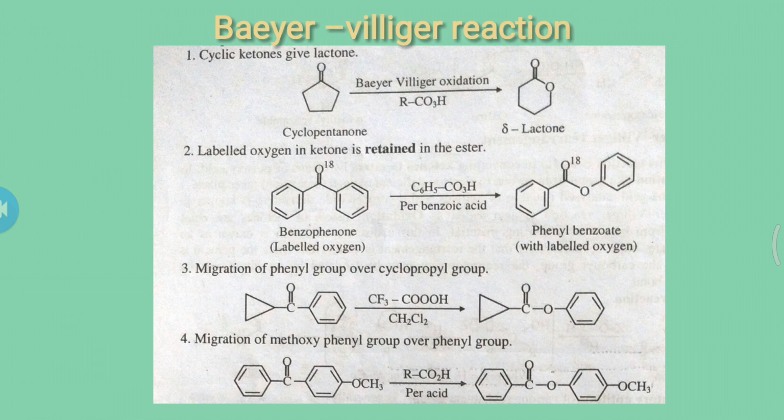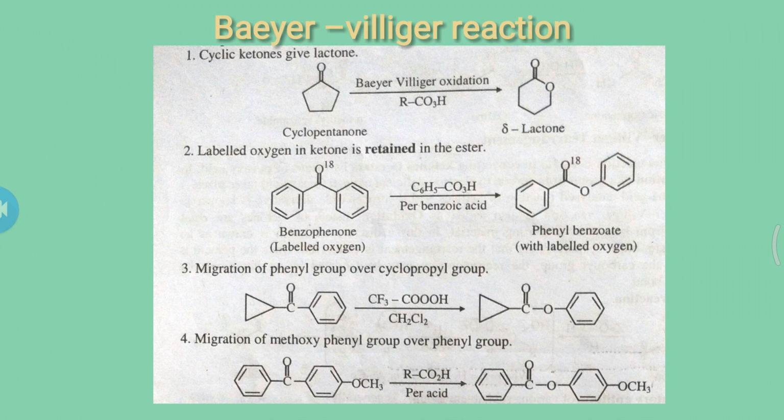So in the Baeyer-Villiger reaction, peracid and protonation are important, as well as migratory aptitude. In this reaction, only insertion of oxygen takes place through the peracid. In the ketonic group, the labeled oxygen remains as it is in the compound.